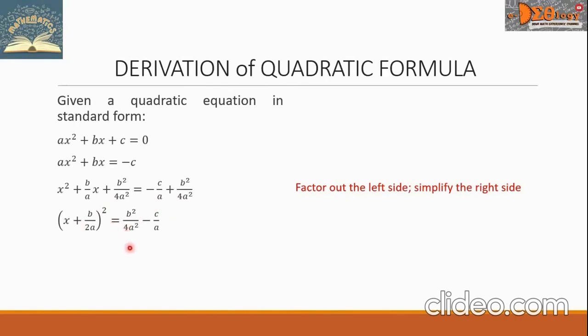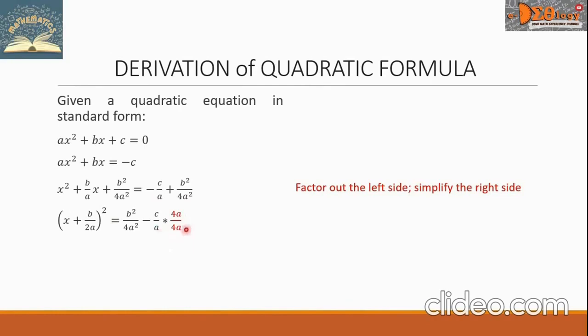And then let us combine the two fractions of the right side. Obviously, the denominators are not the same. So let us manipulate the second fraction to make the denominators the same. Let us multiply the second fraction by 4a over 4a.